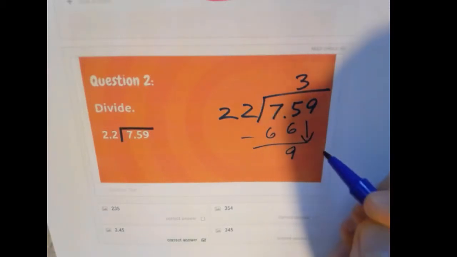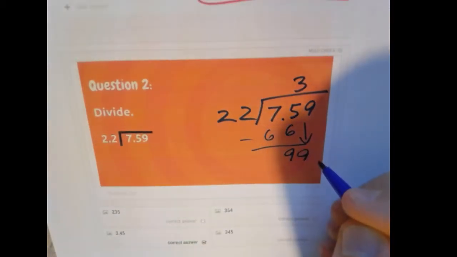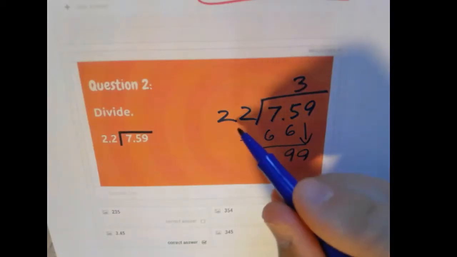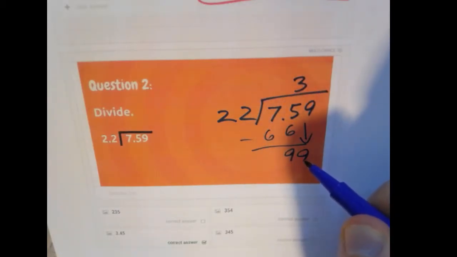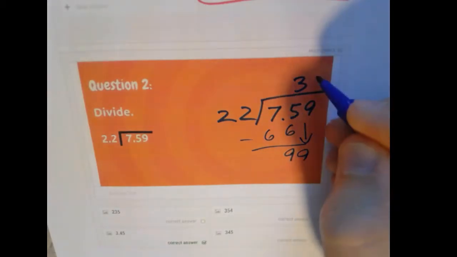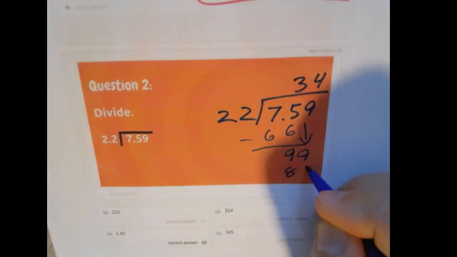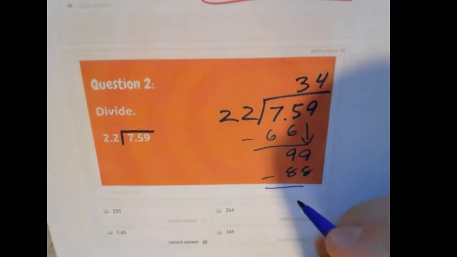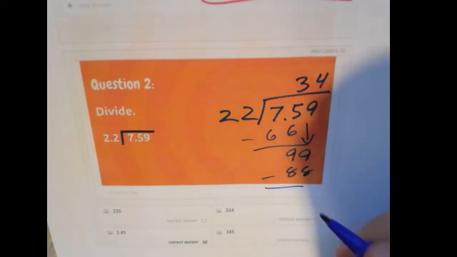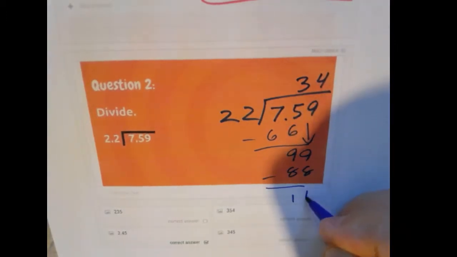Now let's get some help. So how many times does 22 fit into 90? Well, that would be 4 times. 4 times 22 is 88. Find the difference. It's 2 again.